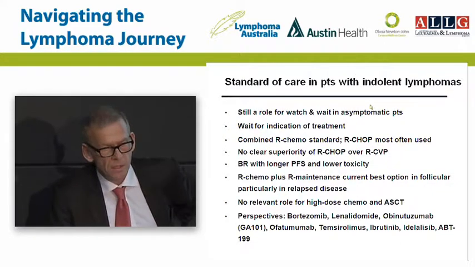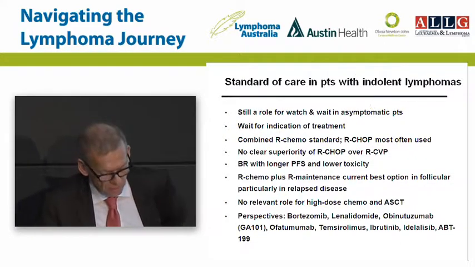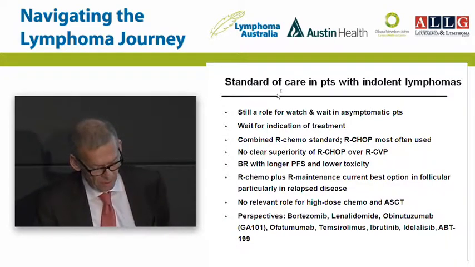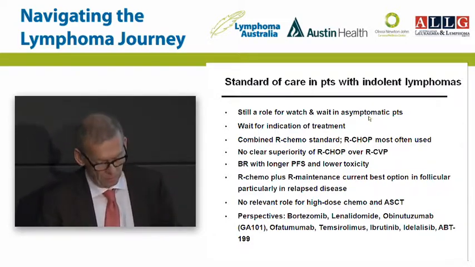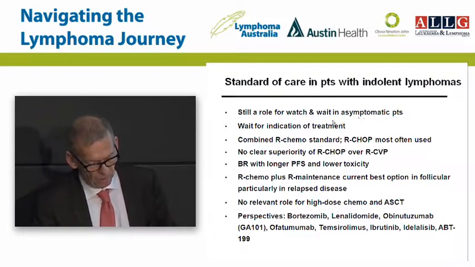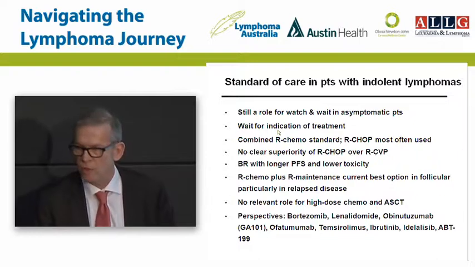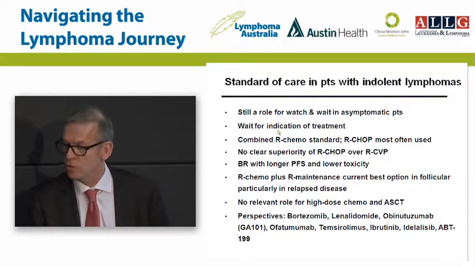So this summarizes the second disease, the follicular lymphoma disease. So there is still a role for watch and wait in patients with no symptoms. If treatment is needed, we have to look at the risk factors to create the indication for treatment.